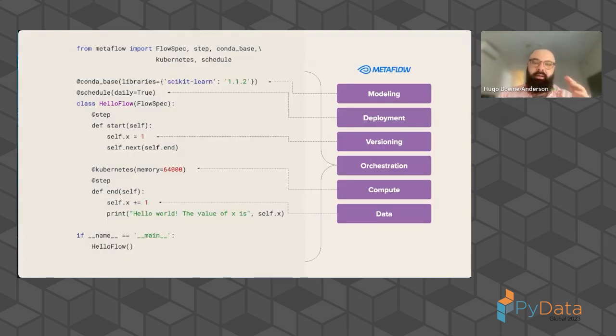So in a second, we're going to jump into generative AI, but I wanted to talk about Metaflow, which is an open source framework that I work on with my colleagues at Outerbounds and Netflix. This is a framework that my colleagues built in 2017, when they ran machine learning infrastructure at Netflix, then open sourced in 2019.